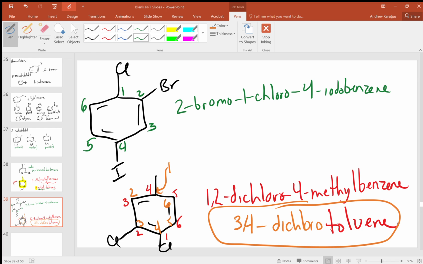But this is one of the things that can often get more confusing with aromatic nomenclature, is sometimes there can be 2 or 3 or 4 or sometimes even more different names for the same compound. So now you should go and do the practice sheet on aromatic nomenclature and come back and go over those solutions.